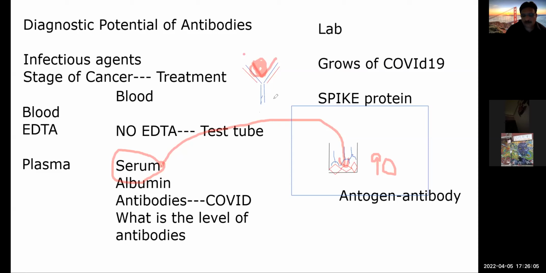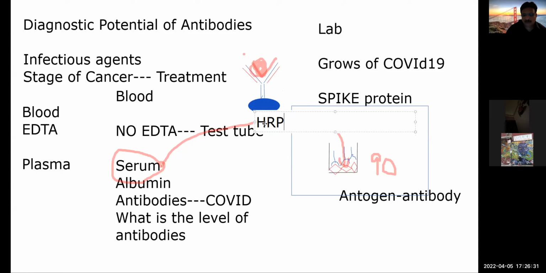Now, what scientists have done, they have labeled this antibody with an enzyme. This enzyme is called horseradish peroxidase.